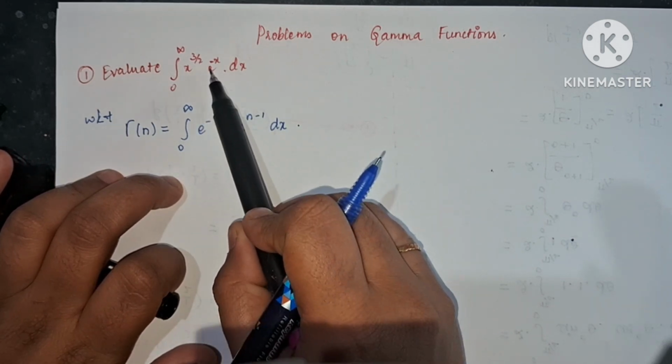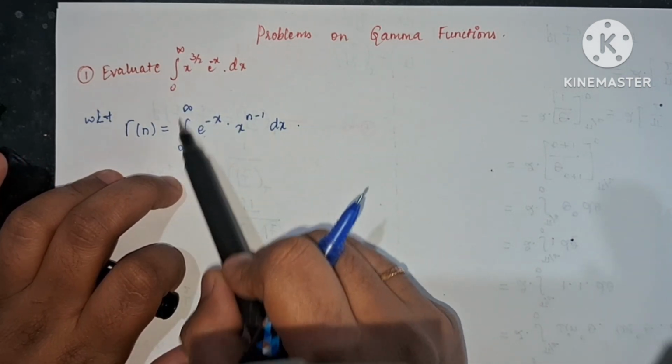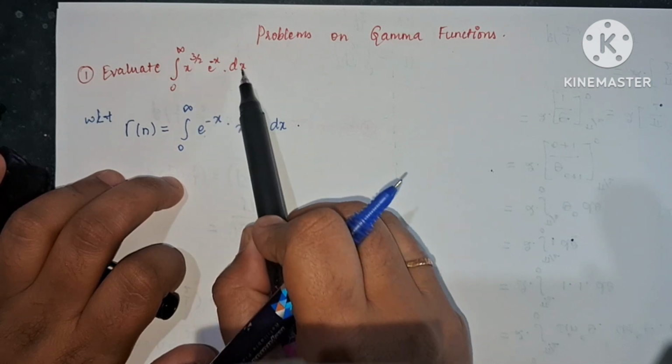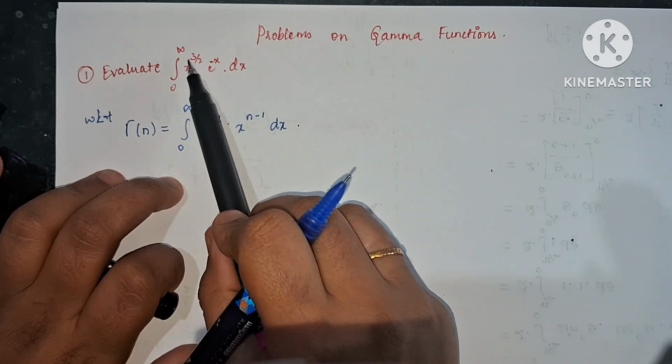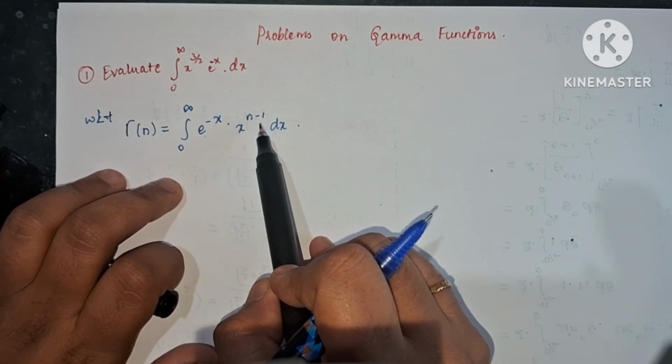So what is not matching here? e to the power minus x is matching, and the integral from 0 to infinity is matching. x is also matching, dx is also matching. 3/2 is here, n minus 1 is here.